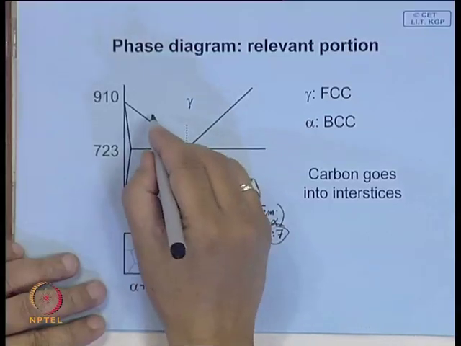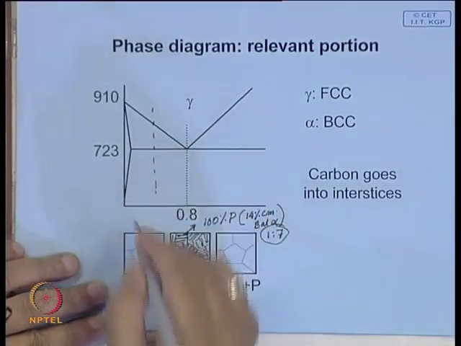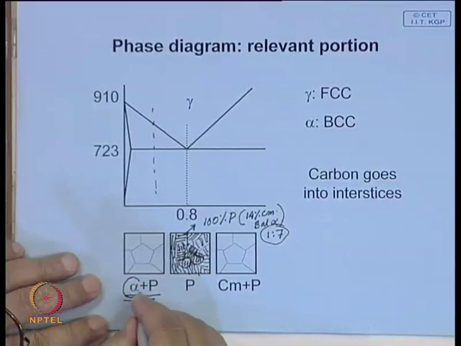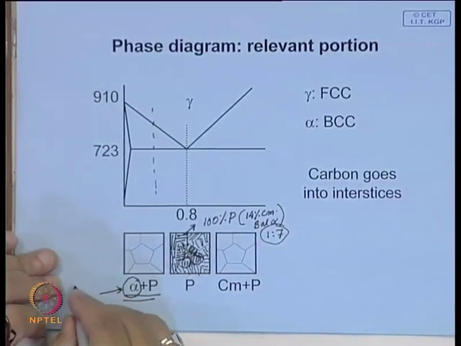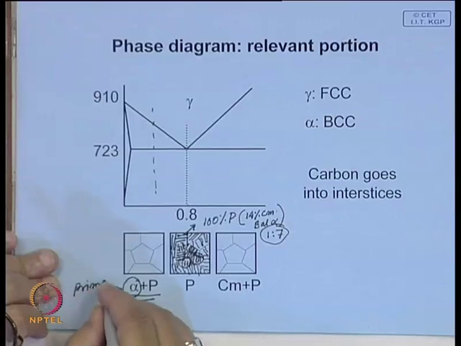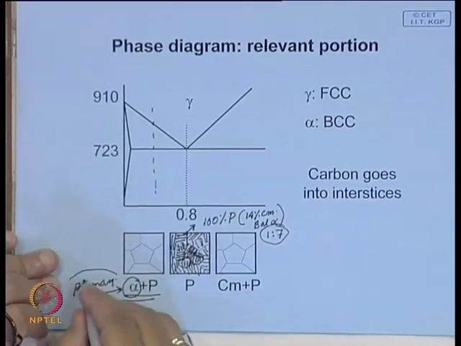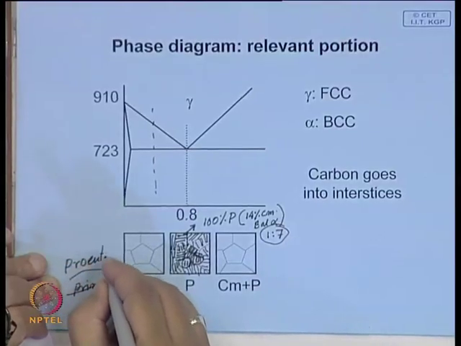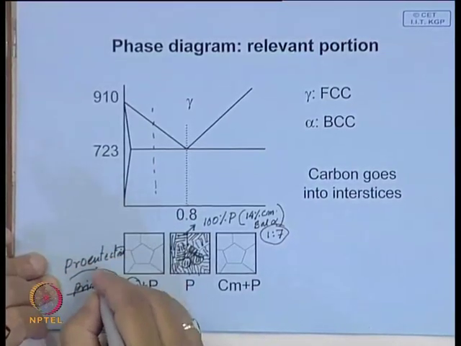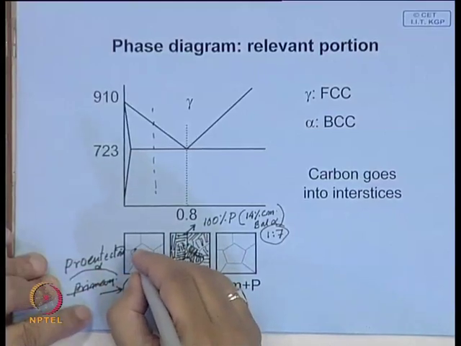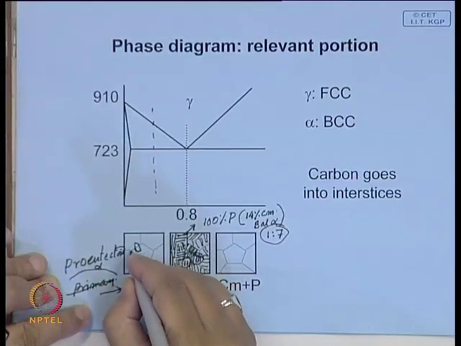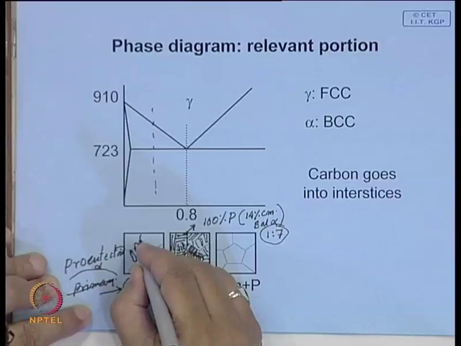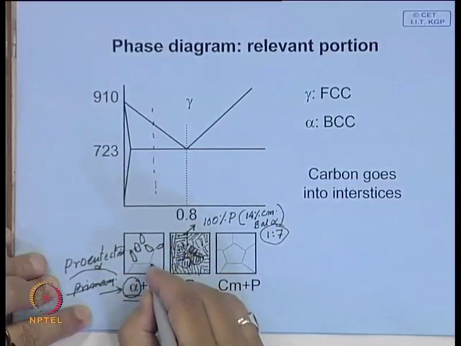Whereas, if you have a steel on this side, which is known as hypoeutectoid steel, the structure will have some primary, or we will say proeutectoid, ferrite. The ferrite which precipitates initially may form on the grain boundaries and they grow.